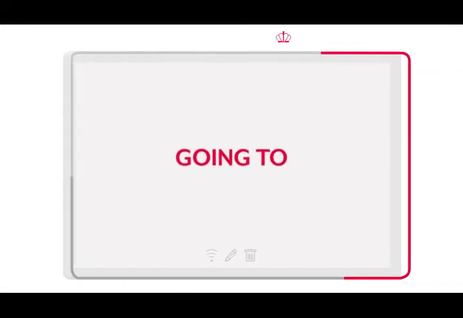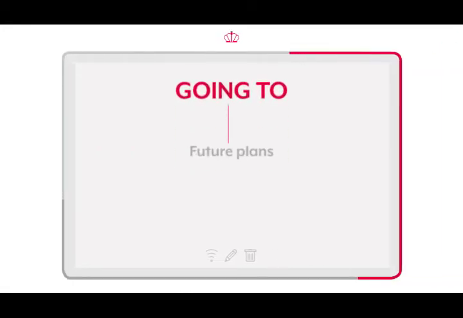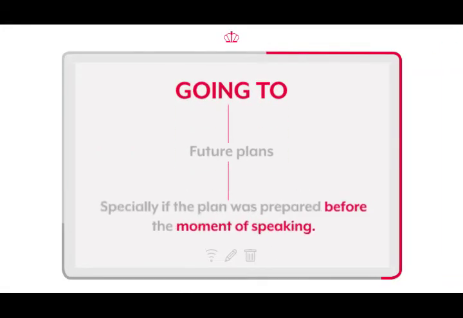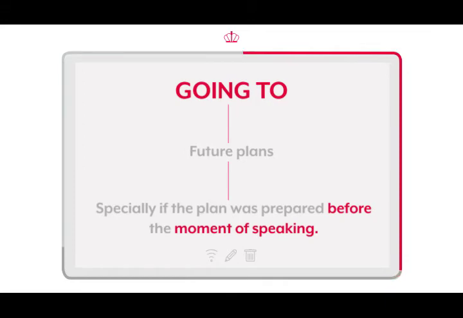We use going to talk about our future plans, especially if the plan was prepared before the moment of speaking. Usamos el going to o voy a para hablar de planes futuros, especialmente si hablamos de planes hechos antes del momento en el que estamos hablando. Now, we are going to check the structure to make a sentence.